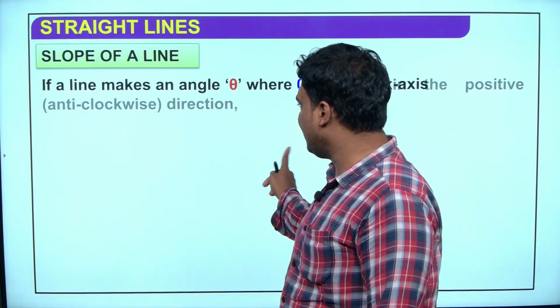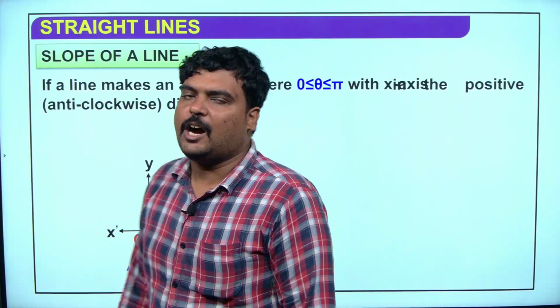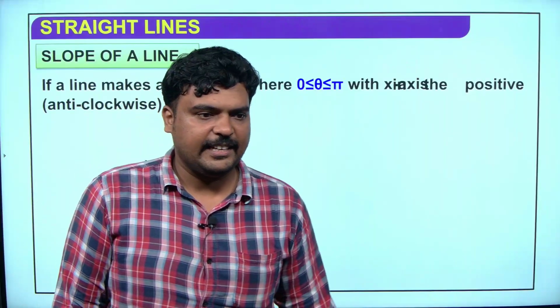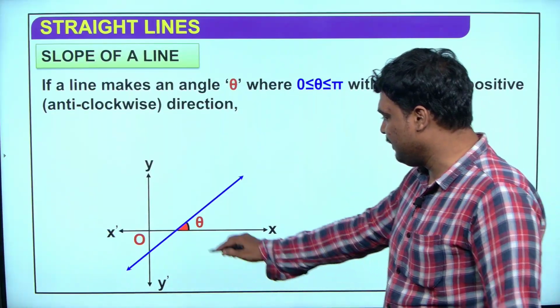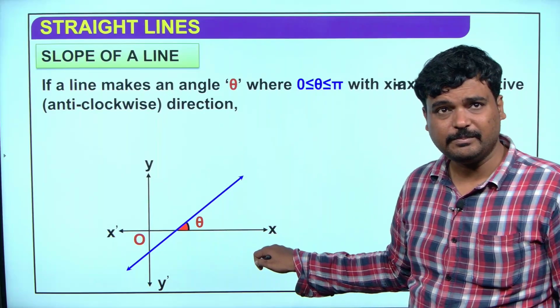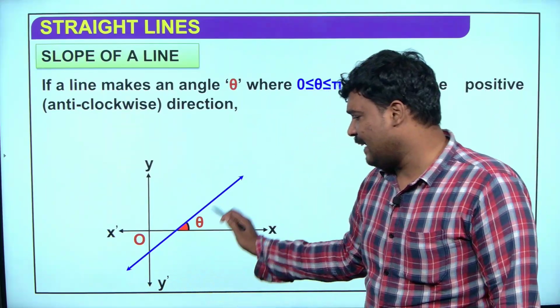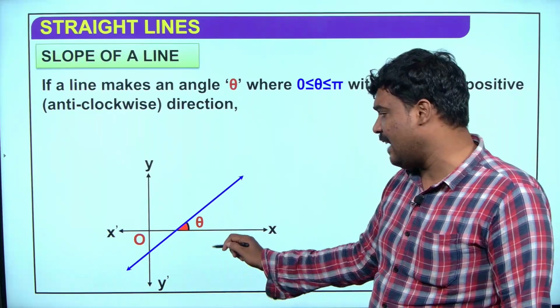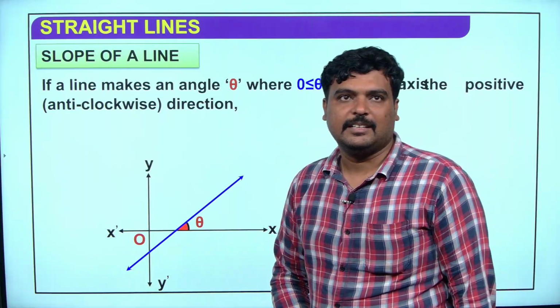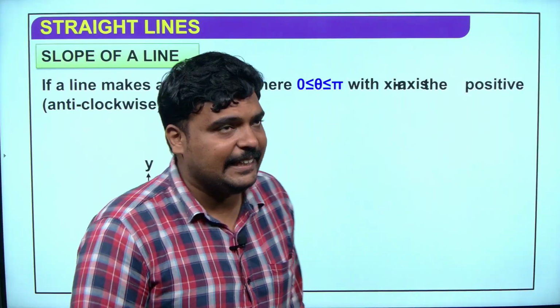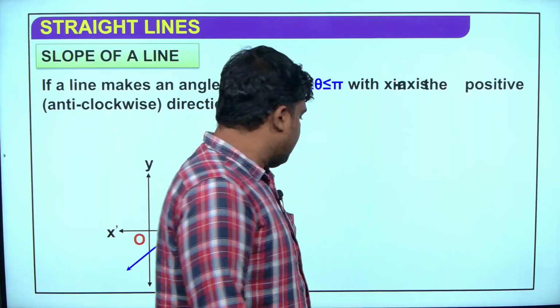Now the first thing we are going to know is what is the slope of the line. If I say a line, definitely there is going to be some angle made with the x-axis. That line will make an angle theta with the x-axis.